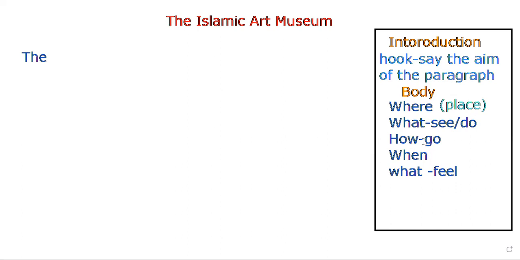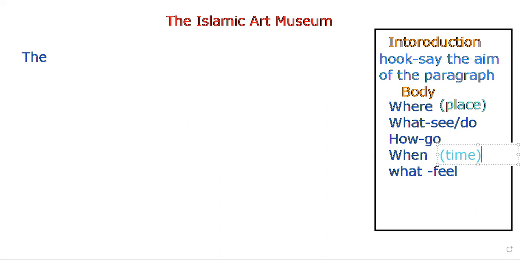How do you go to this place? When? When means the time of this place. It means it opens at what and closes at what, and so on. For example, the Islamic Art Museum opens at 7 in the morning to 4 in the afternoon.